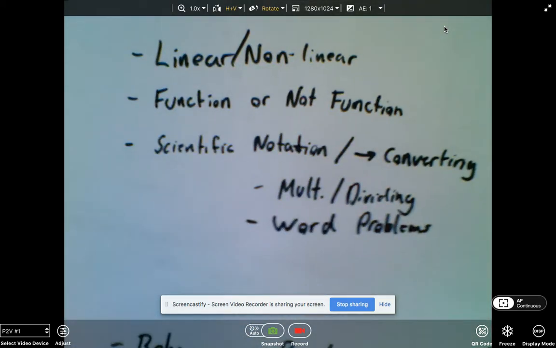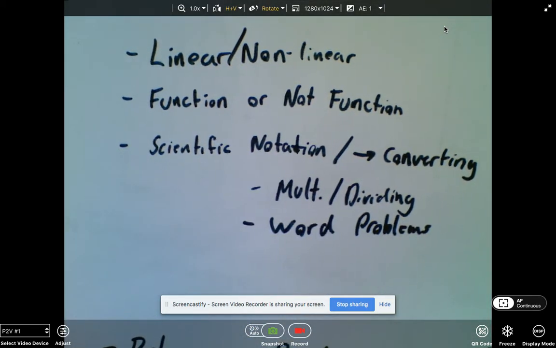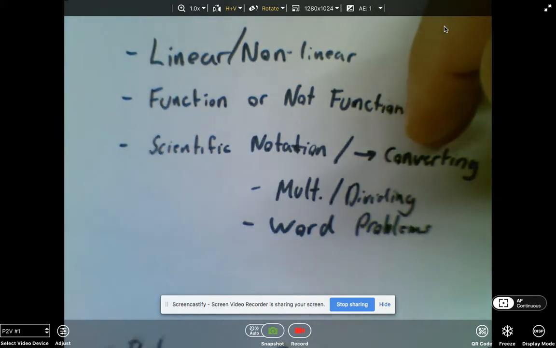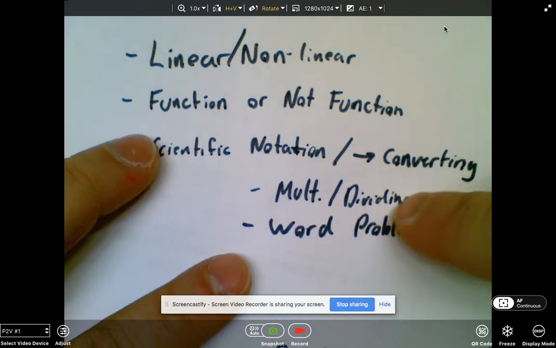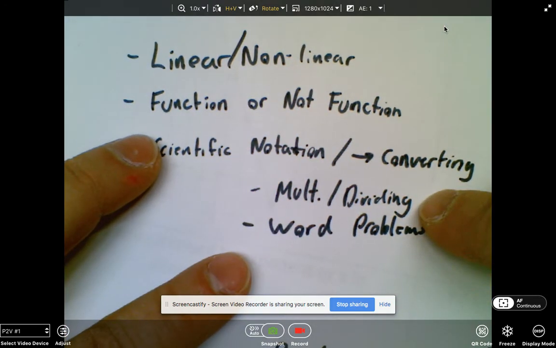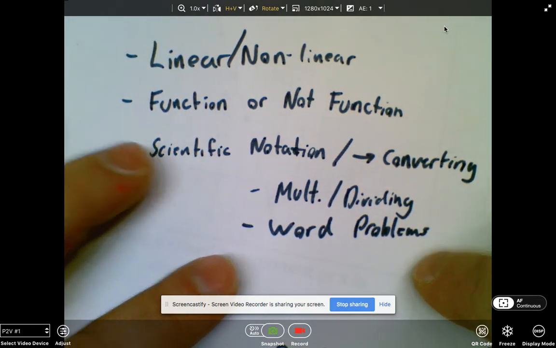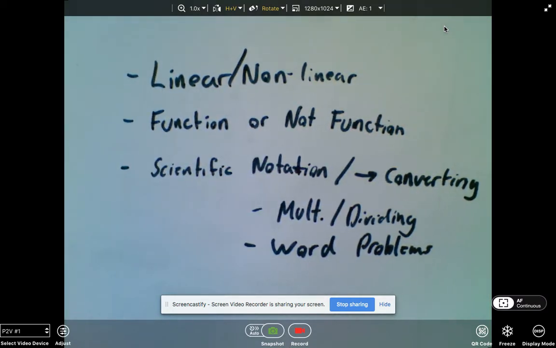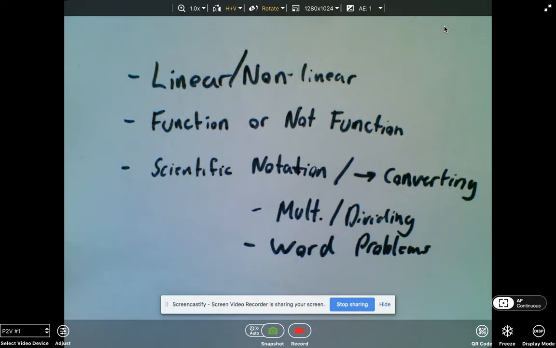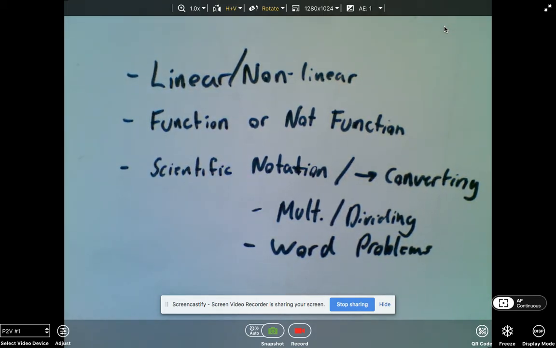We're going to start with linear versus nonlinear, function or not a function, and then scientific notation is the bigger unit where you're going to be converting between standard and scientific notation. You'll learn how to multiply and divide numbers in scientific notation, which takes a few days, and then you'll end with word problems. Remember, whatever you learn these 2 or 3 weeks, you will be getting homework. You'll also definitely be having some assessments when I do get back.